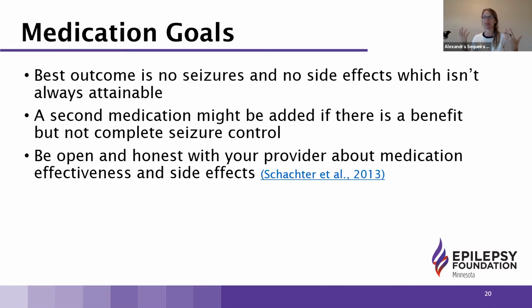So if there really seems to be no benefit from one particular seizure medication. And then again, it's really important to be honest and open with your provider about medication effectiveness and potential side effects, because otherwise there's no way of knowing. Of course, the individual with seizures or epilepsy is the one experiencing this. So it's really important to be honest with yourself and honest with your team in order to be best treated.